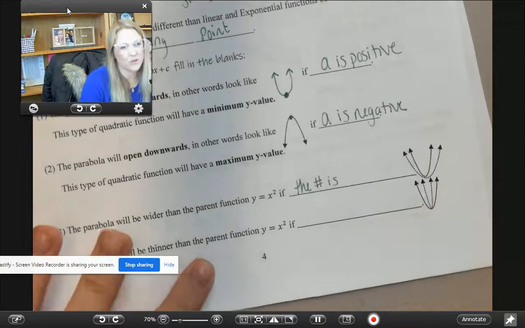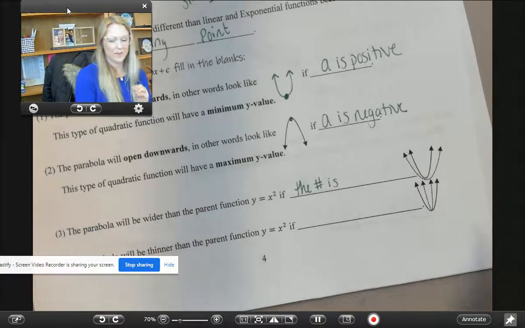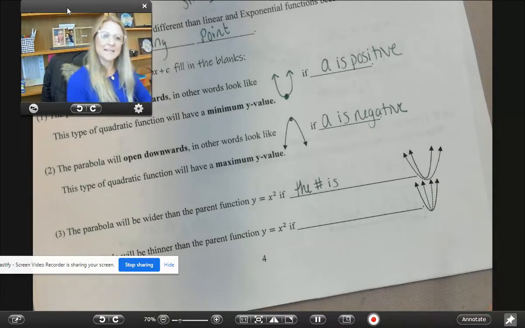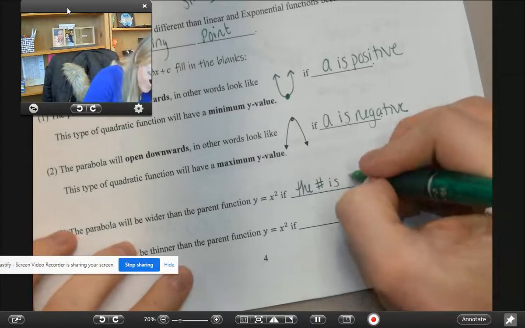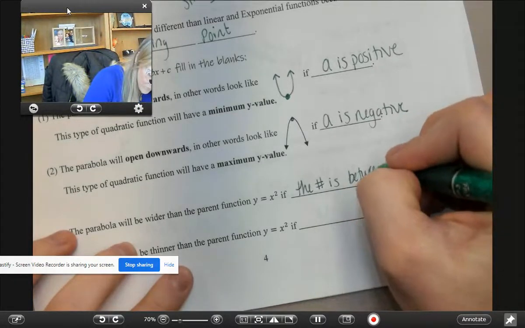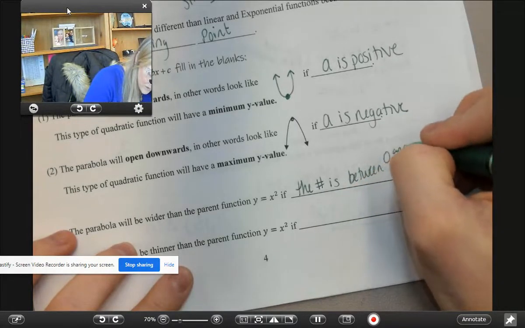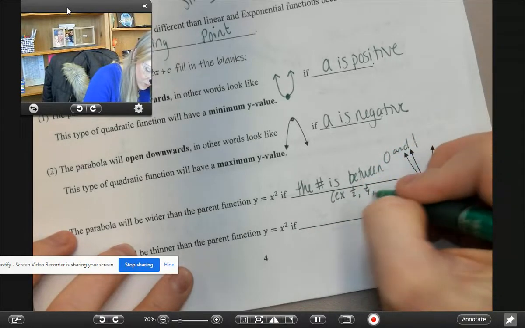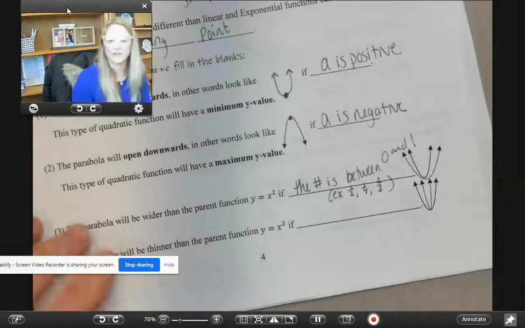In other words, don't say smaller than 1 because I don't mean negative. Like negative 1, negative 2? That's not what I mean. It has to be a value that's between 0 and 1. So example, 1/2, 1/4, 2/3, etc.